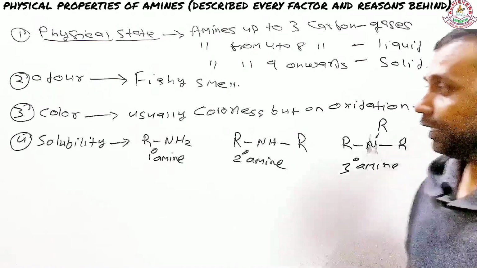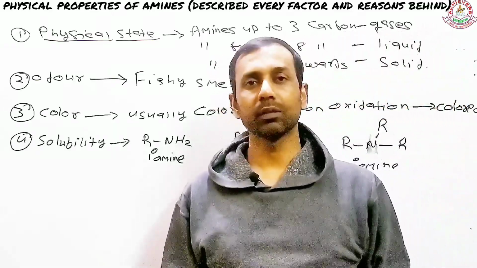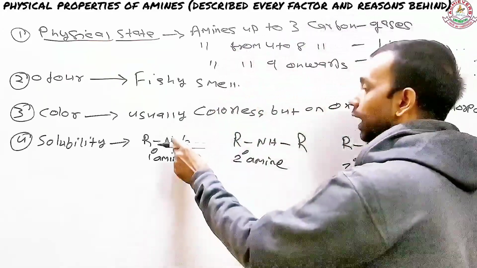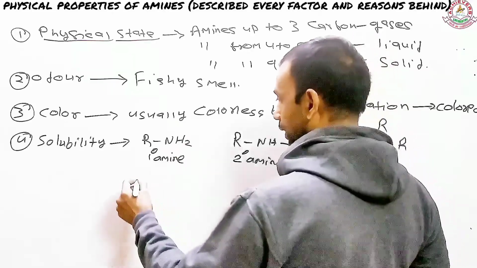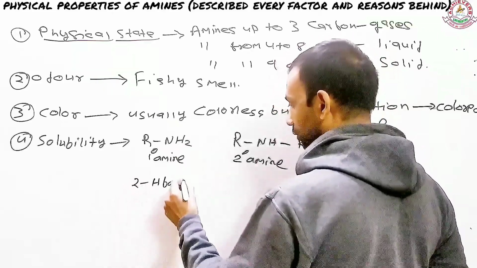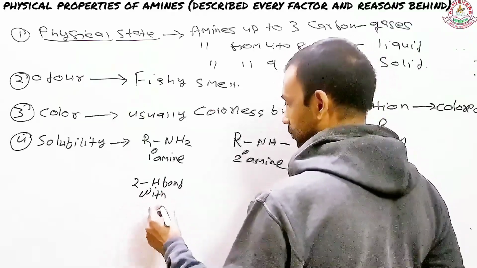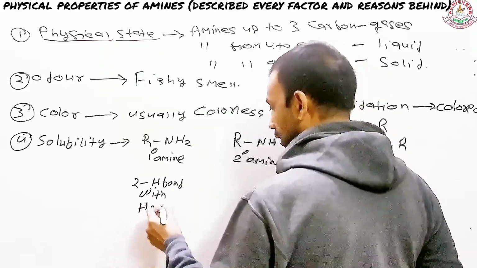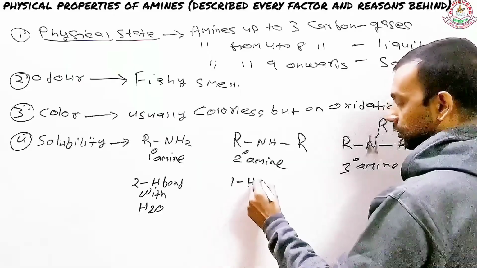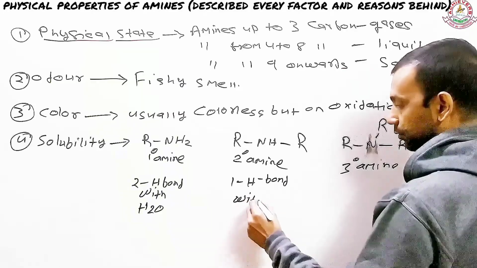Now, the very important thing is that solubility depends on the number of hydrogen bonds a molecule can form with water. As you can see, there are two hydrogens here, so they can form 2 hydrogen bonds with water, H2O. But this one can form only 1 hydrogen bond with water.